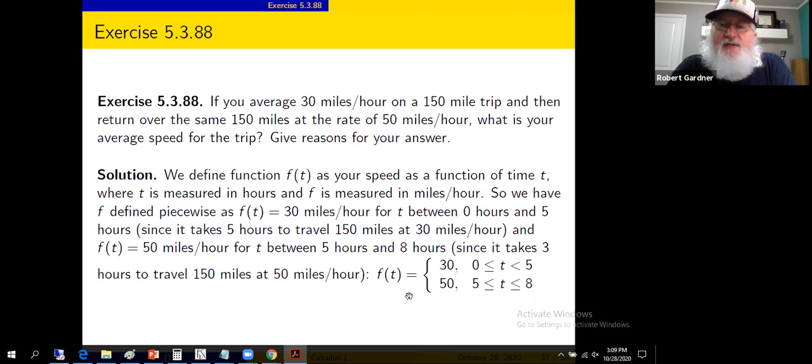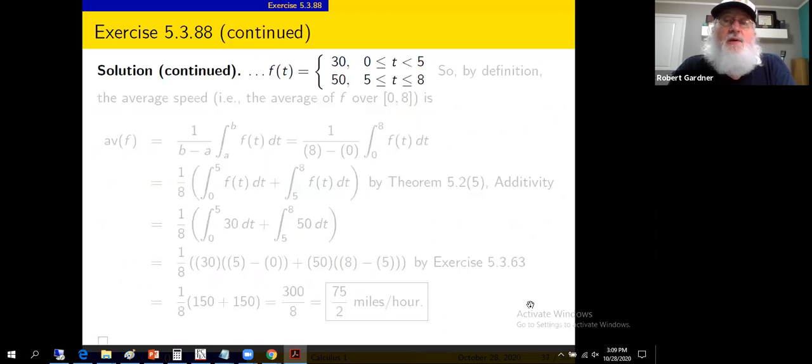So we get f of t, the speed function, defined piecewise as 30 miles per hour for t between 0 and 5, and 50 miles per hour between 5 and 8. We want to find the average of that function over the time period 0 to 8. So a is 0, b is 8. There's the piecewise defined function.